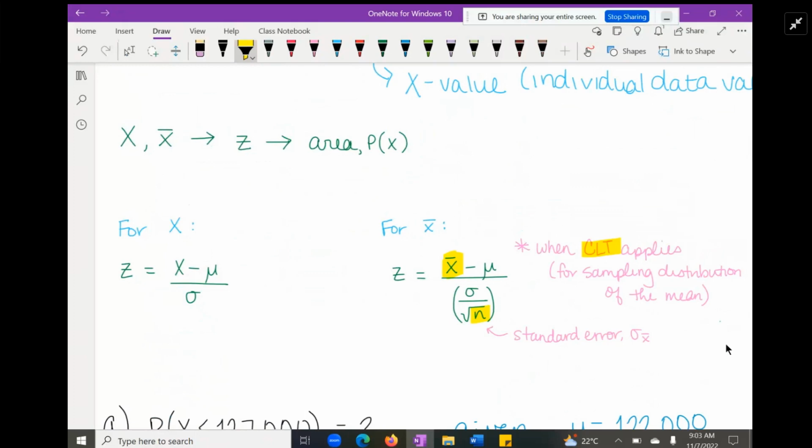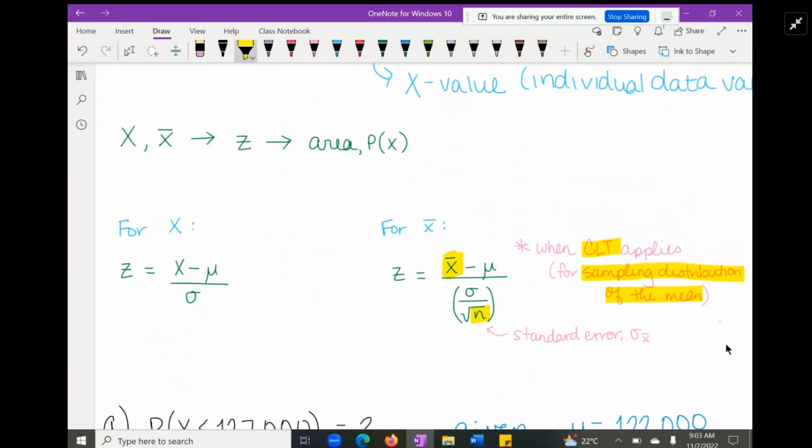Now we're talking about the sampling distribution of the mean, where the sample comes from the population, to make an estimation about the population, or just to study the population. Let's just make it broad like that.